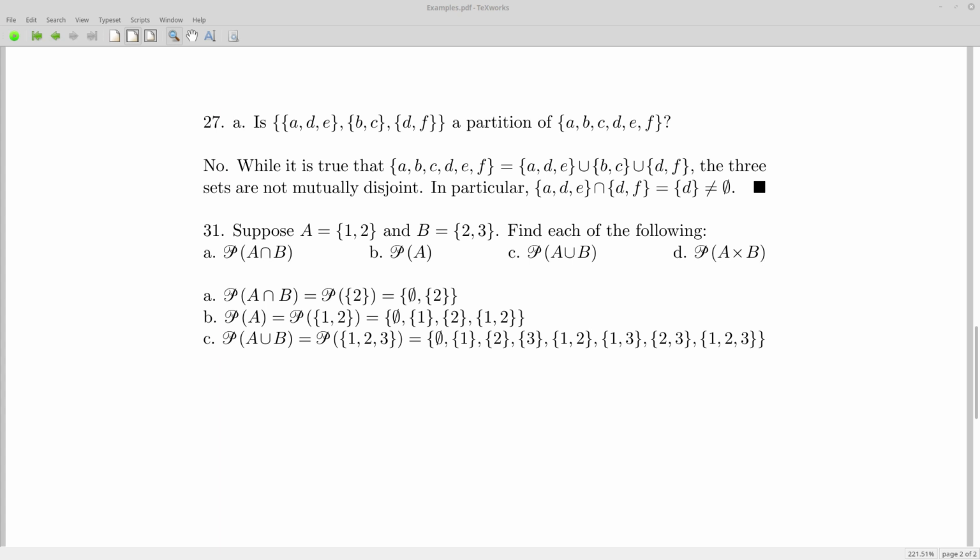All right, so we're almost done here. We've got one more: the power set of the Cartesian product of A and B. So this is going to remind us how to deal with Cartesian products.